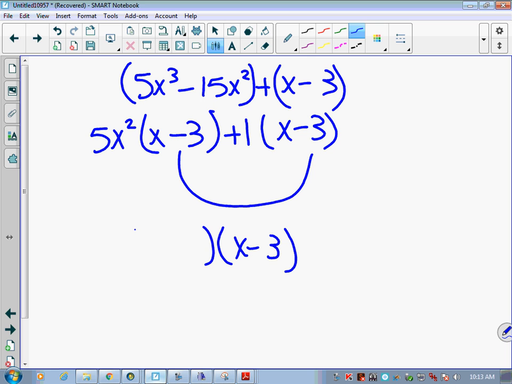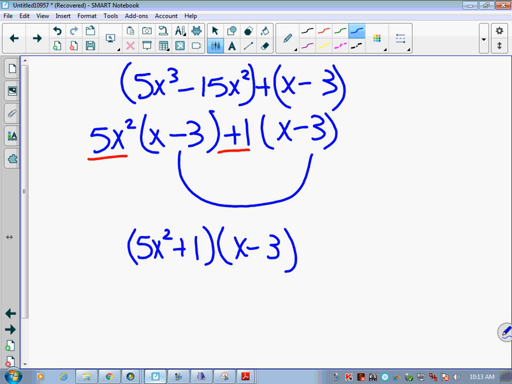And what I'm going to put over here are these 2 outside terms, and that's going to become my next set of parentheses. So I actually get 5x squared plus 1 times x minus 3. And if I FOIL that out, I'll get my original statement, which was 5x cubed minus 15x squared plus x minus 3.